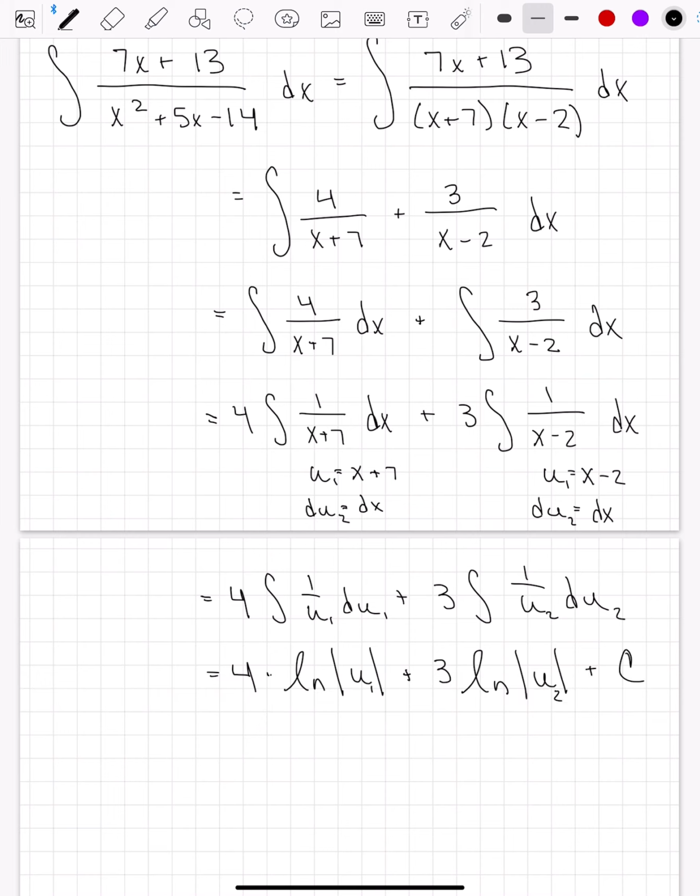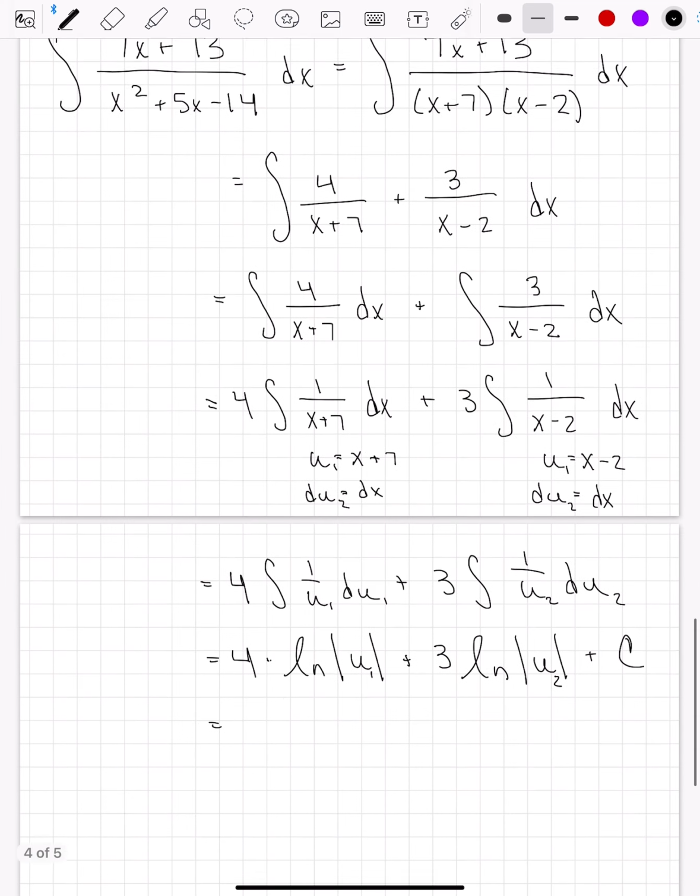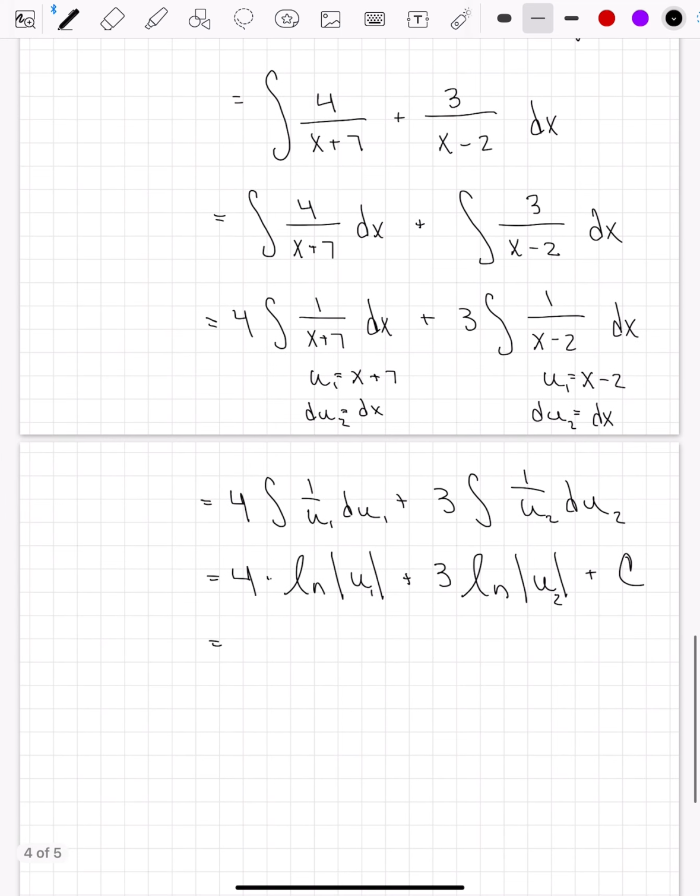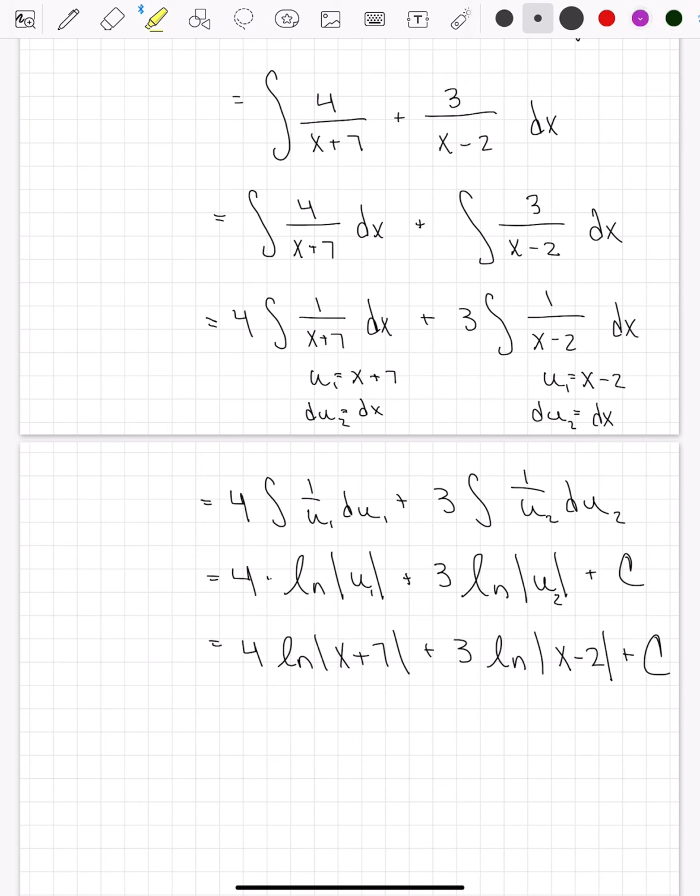And then we have our plus C, since we have an indefinite integral. And then we can plug our u's back in. So we end up with 4 ln of the absolute value of x plus 7 plus 3 ln of the absolute value of x minus 2, plus C. And that is our final answer.